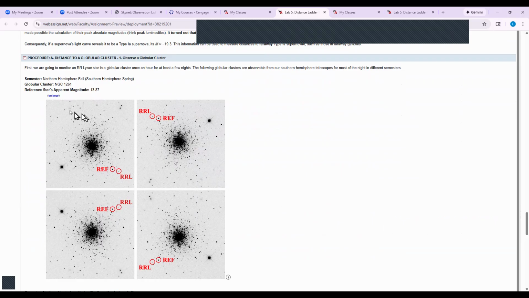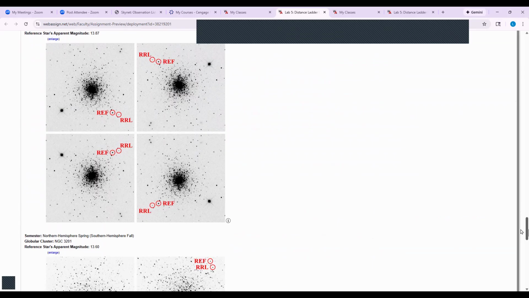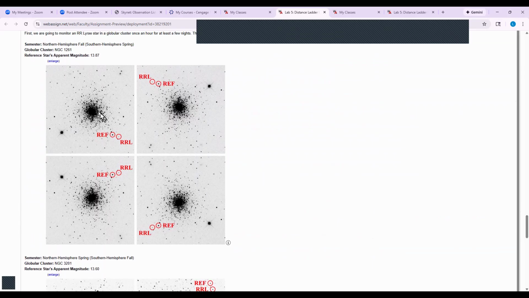And then we're going to come to the actual action that we're going to do. This is an RR Lyrae, one of the examples here. It's going to be a similar activity to what we're going to do. You see, for each of them, 4 pictures are showing. The reason is that sometimes when you open the picture, based on the different telescope that is taking it, you might see this bright star here, but on another telescope, you see it here, or here, or here.